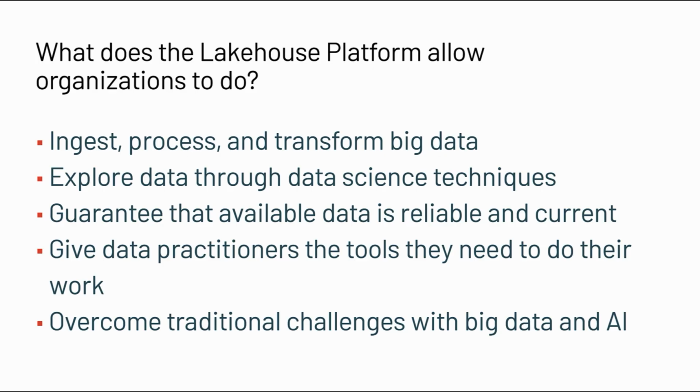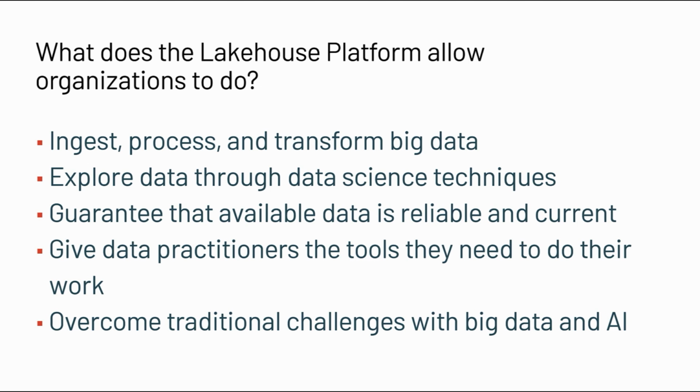So the Databricks Lakehouse platform will allow organizations to ingest, process, and transform big data, massive quantities and types of data, and explore data through data science techniques, including but not limited to machine learning, for example. It will also guarantee that data available for business queries is reliable and the most up-to-date data an organization has.